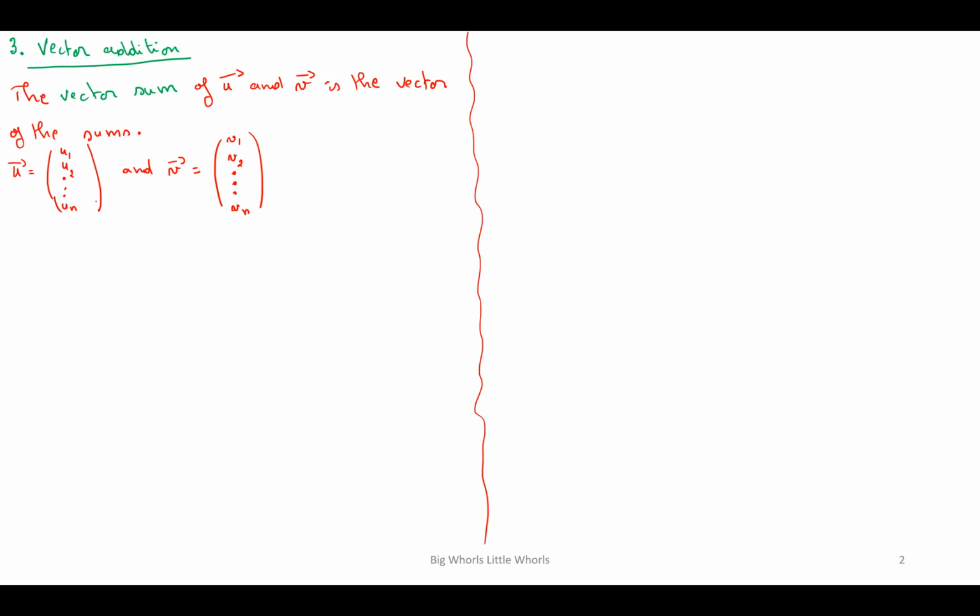Let's say we are asked to find the sum, the new vector w, which is u plus v.